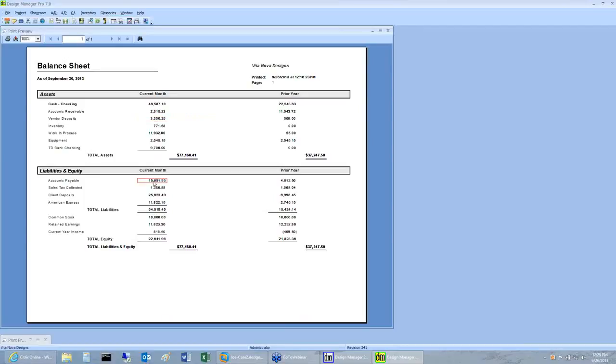So if the carpet was installed and you paid the balance, then when you put that bill in, it's going to reduce your vendor deposit. I don't have a deposit with that vendor now, and I've now paid the carpet installer for the full install, and my accounts payable will go up.